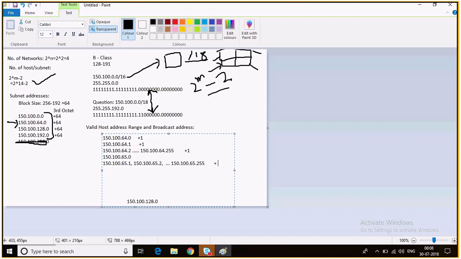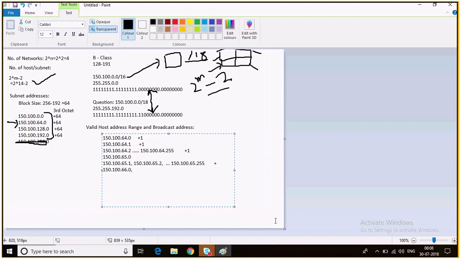Again, when I add 1 to it, I'll get 150.100.66.0, and then .1 and so on, and finally I'll come to a stage when I reach 150.100.128.0. So this is the number that I'll get till.